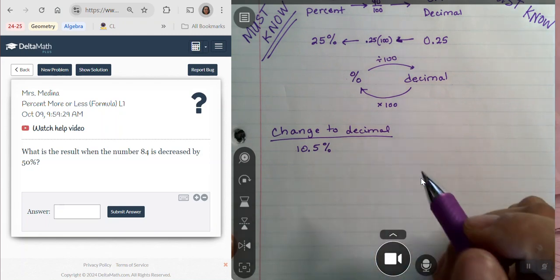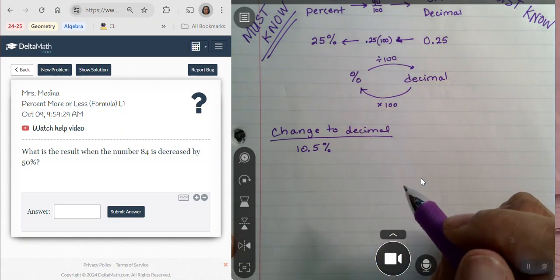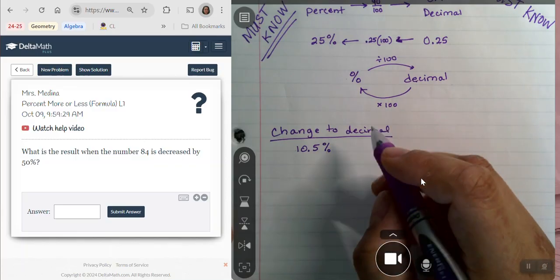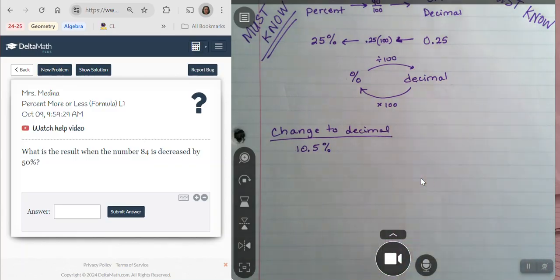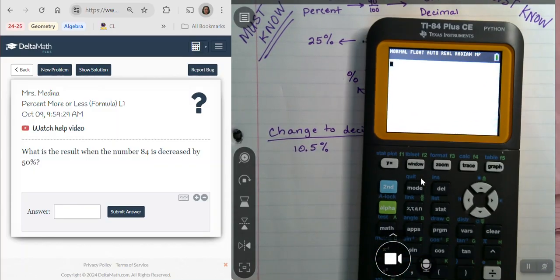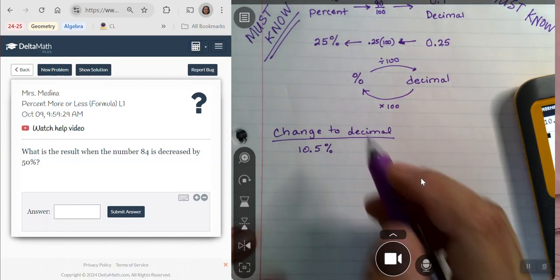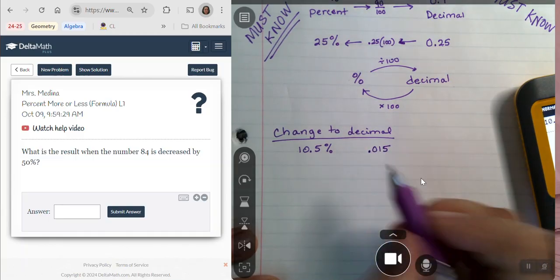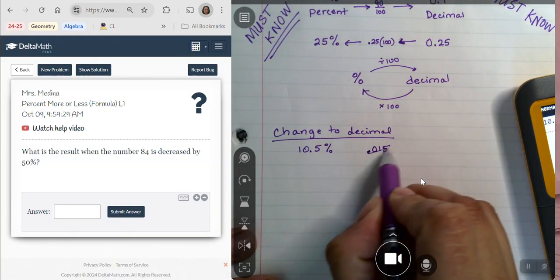Divided by 100, what do we get? 0.105? Or no? 10.5 divided by 100, 0.105.